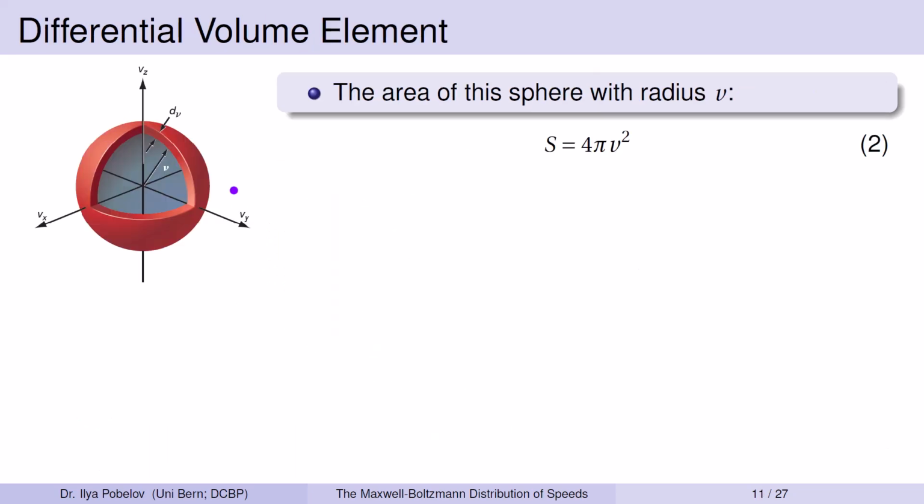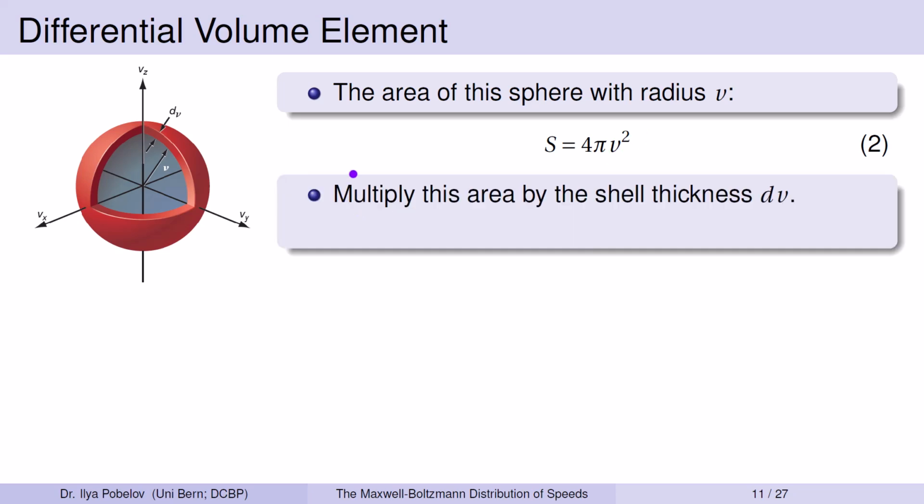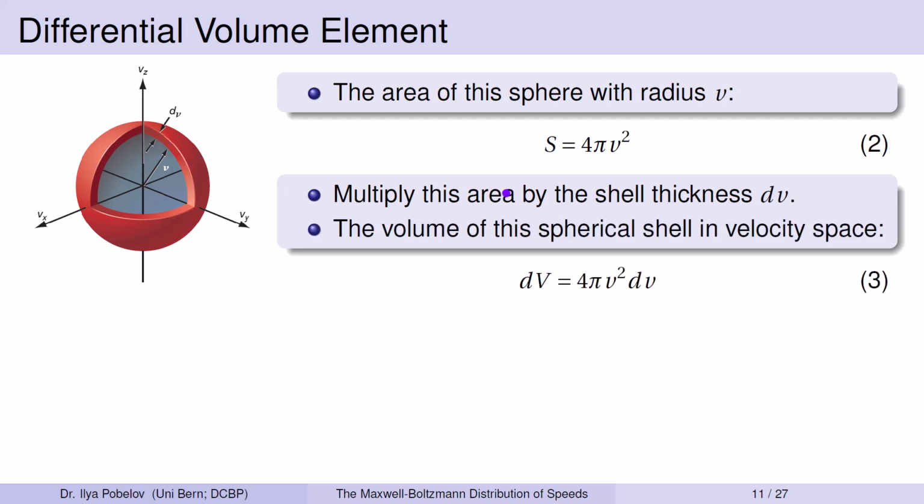The area of this sphere with radius v is given by 4πv squared. If we multiply this area by the shell thickness dv, we obtain the volume of this spherical shell in velocity space. Capital dV equals 4π small v squared d small v.